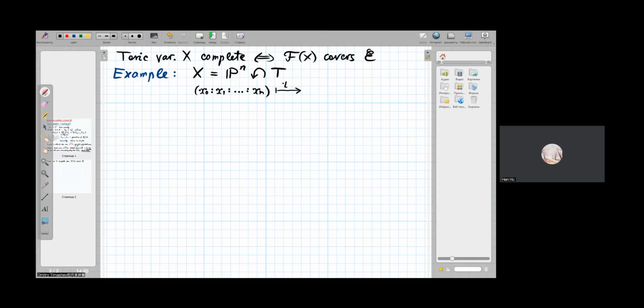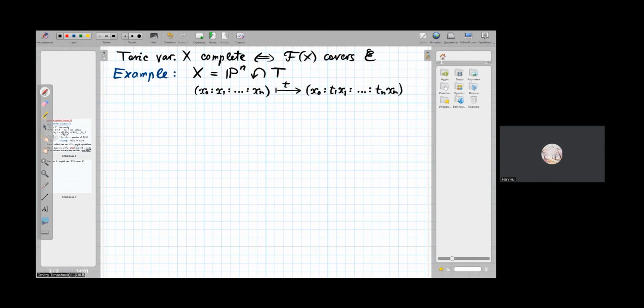under the action of an element t in big T to the point where x0 is unchanged, and the other coordinates are multiplied by coordinates of t: t1 x1, etc., tn xn. Just the natural action of an n-dimensional torus on n-dimensional projective space.